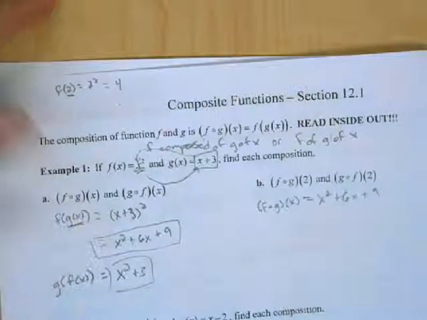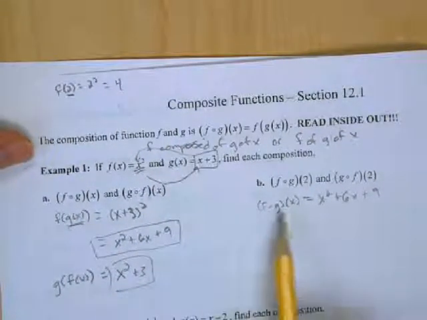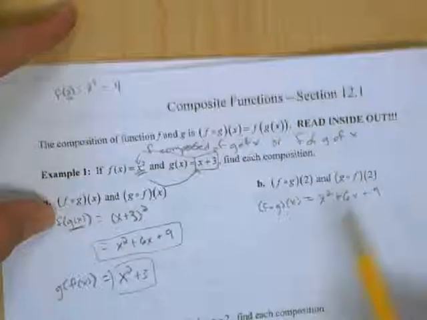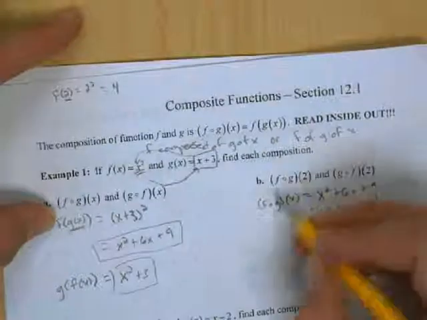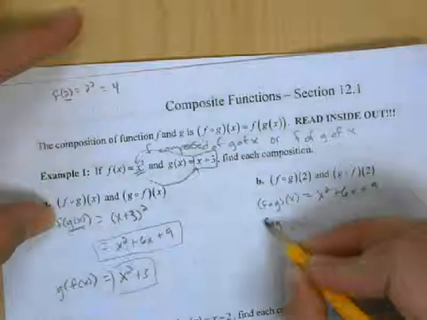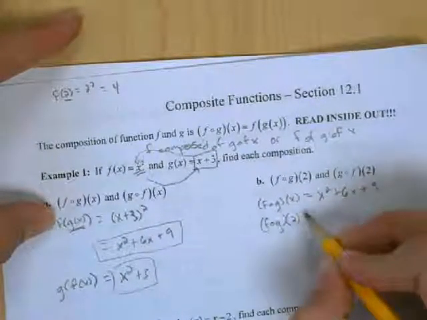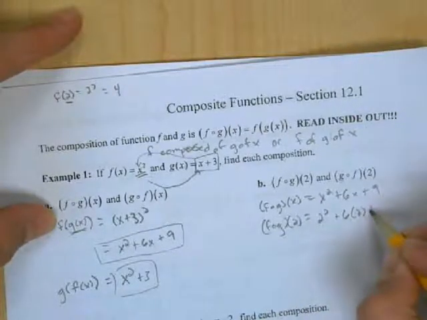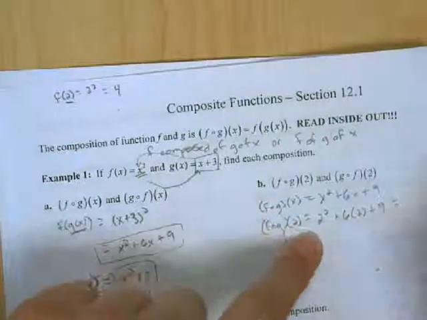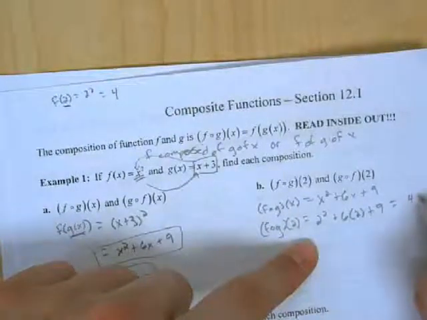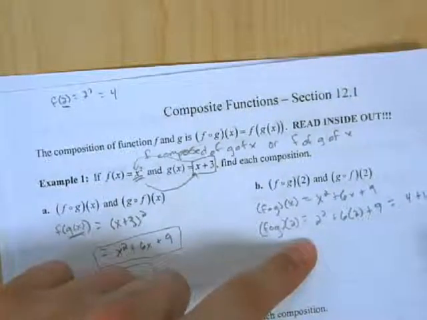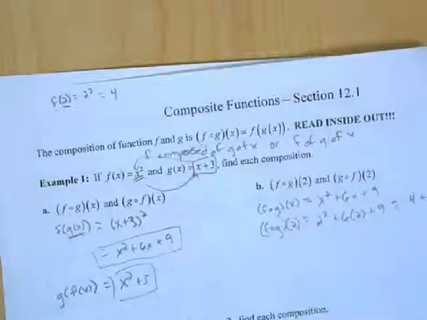Okay, and we found that right here. F composed of G of X, because these two things mean the same, is X squared plus 6X plus 9. So if I want to find F composed of G of 2, I'm just going to replace all my X's with 2's. 2 squared plus 6 times 2 plus 9. So that's going to be 4 plus 12 plus 9, which is 25. Sorry, you can't see that.